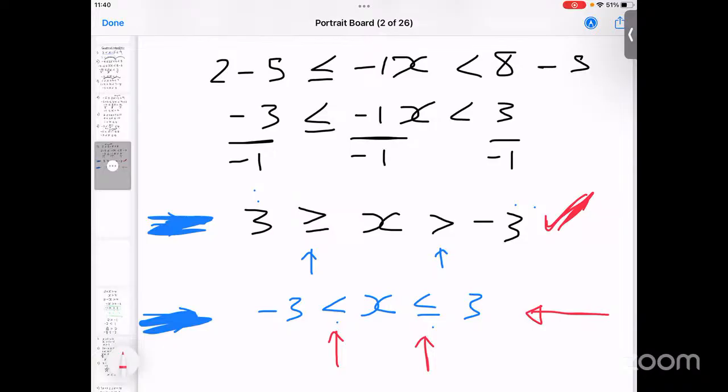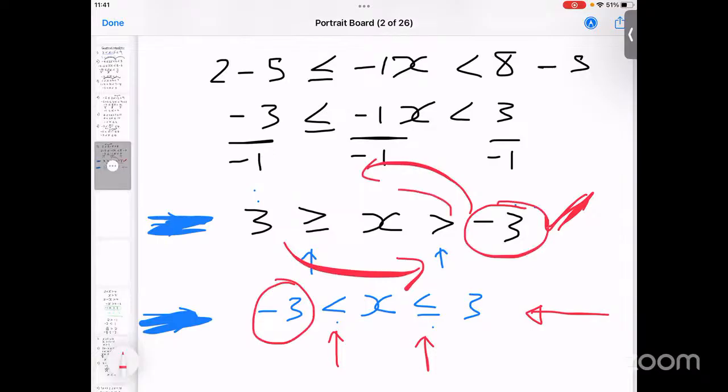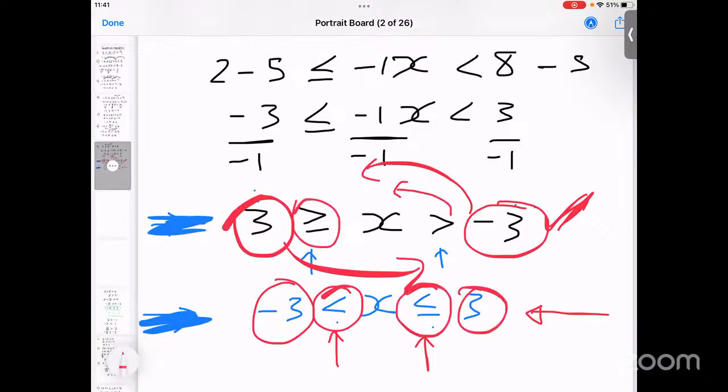It's like you are rotating. If you rotate the whole of that, you end up having your negative 3 being on this side, and this one, as it rotates, it will look like this, and then you end up having your 3 on this side, and this one, as it rotates, it will end up looking like that.